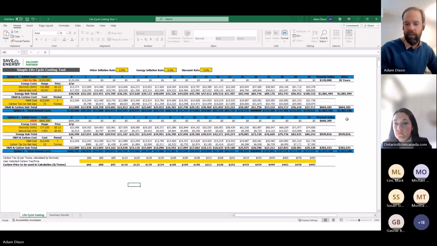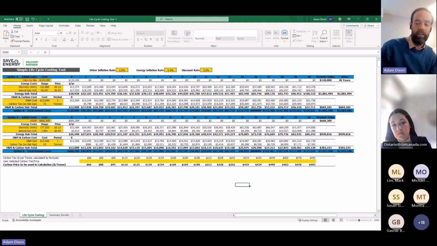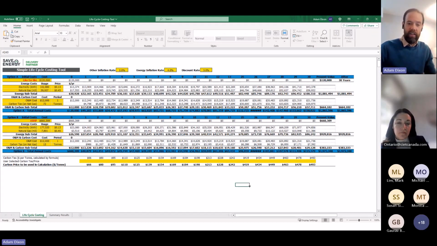Okay. Are there any other questions on life cycle costing or simple life cycle costing? I know there will be available soon a more detailed life cycle costing tool where you can dive in and work in things like the value of your equipment at the end of its life. If you are taking something out, you may be able to salvage it and sell it for some money, which can offset the capital costs.